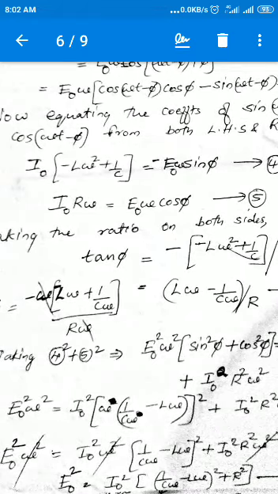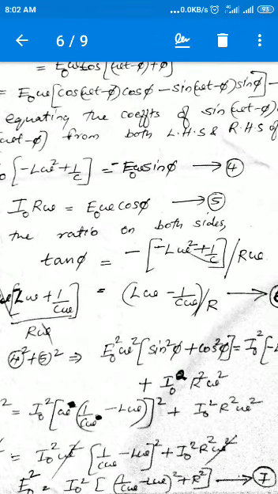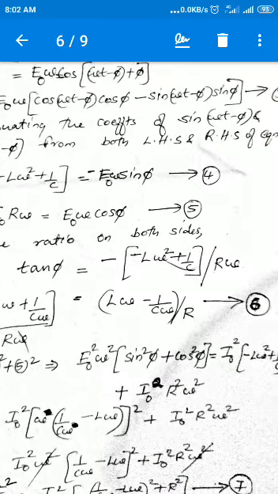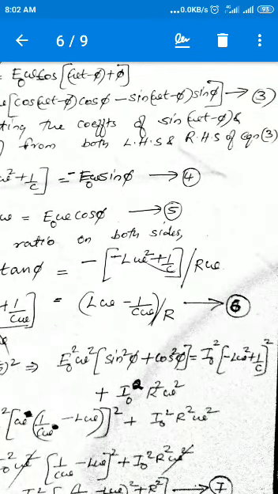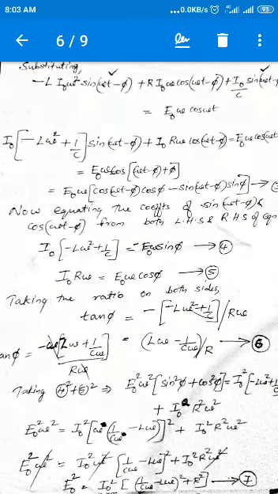So the left-hand side is E0² ω², and the right-hand side is I0² times the bracket term. In that term we take ω out and write it in the reverse order, with the minus term second: (1/(Cω) − Lω)² plus I0² R² ω².